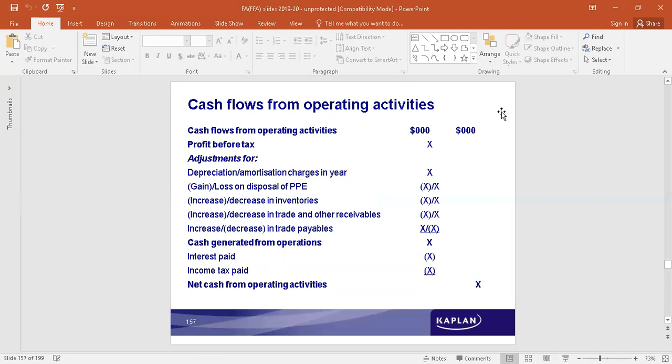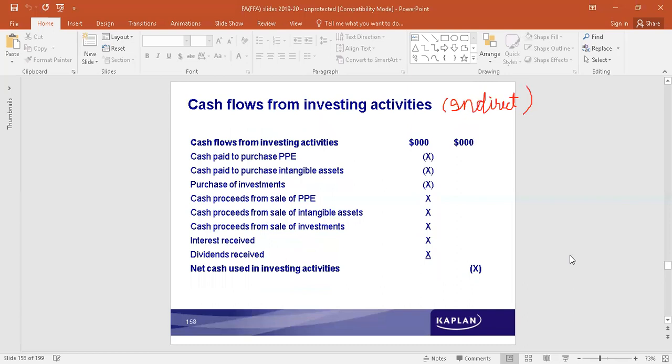Okay. See, cash flow from operating activities. This is the indirect method. I'll explain the logic. And there is a direct method. I'll talk about this indirect method.